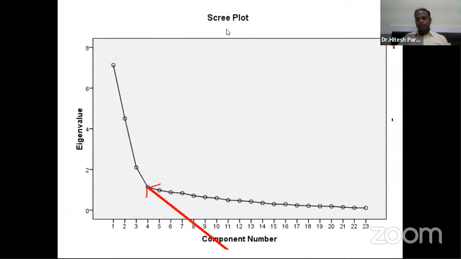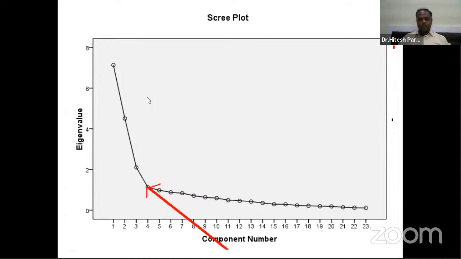But before we proceed to the next table, there is a scree plot. Another criterion, the second criterion for getting the number of factors, is the scree plot. If you closely examine the scree plot, there is a straight line up to component number 3. Then there is slight deviation, and then a much larger deviation can be observed.